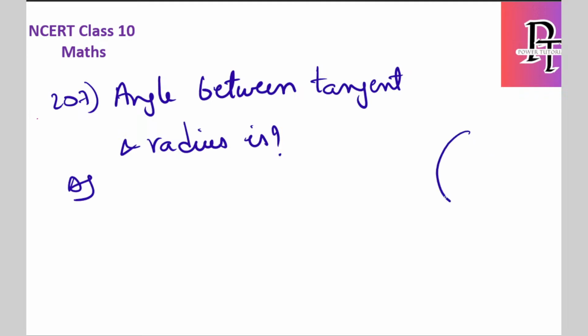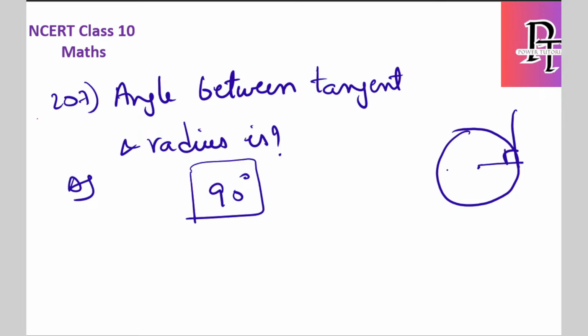So this is radius and this is the tangent. So the angle between them is 90 degrees. Because if I say this is a tangent, then this angle is again 90 degrees. If I mark another tangent, suppose here, and draw from the radius, then this is also 90 degrees. So always remember, the tangent and radius are always perpendicular to each other.